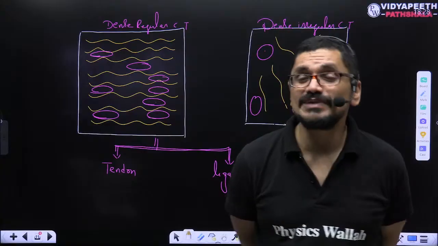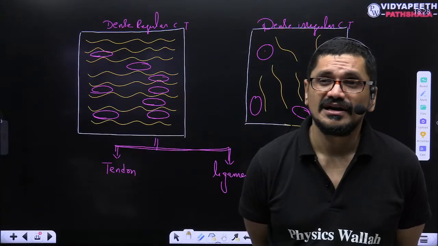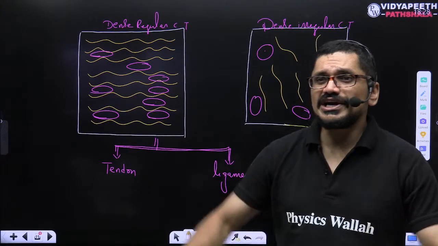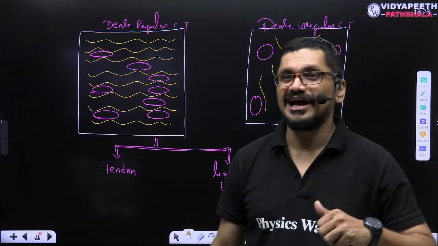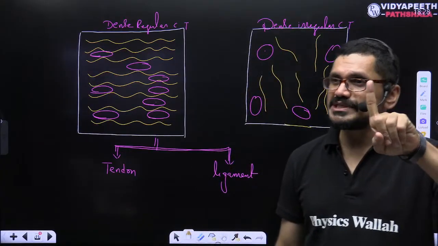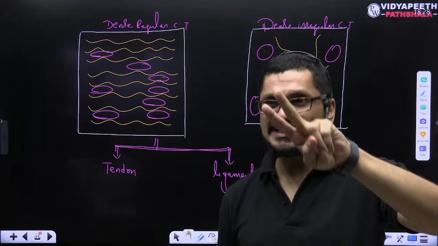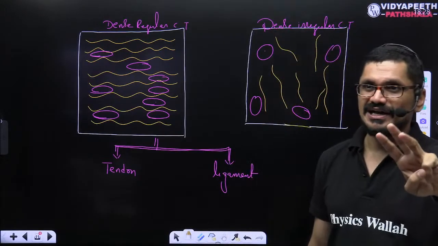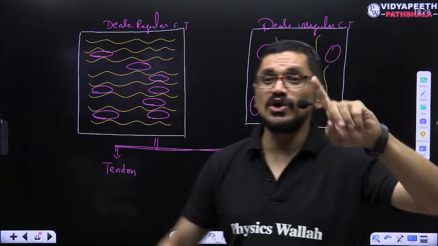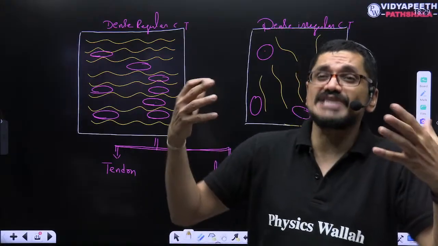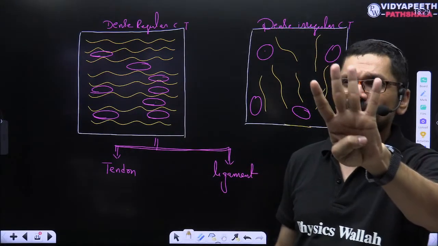How many types of muscles are present? Sir, 640. No, 640 is the number. I am asking the type. Do you know skeletal muscle? Do you know smooth muscle? Cardiac muscle. Only 3 types of muscles are present. In the introduction class itself, I told you, even though the human body has billions of cells, we have only 4 types of tissue.